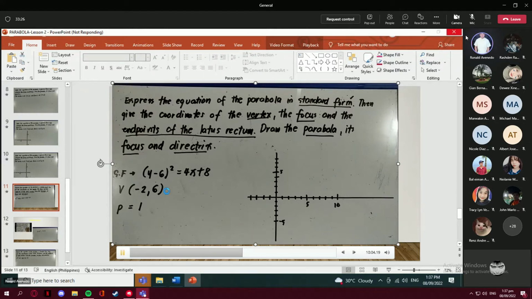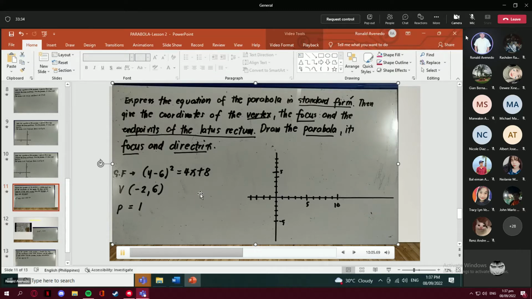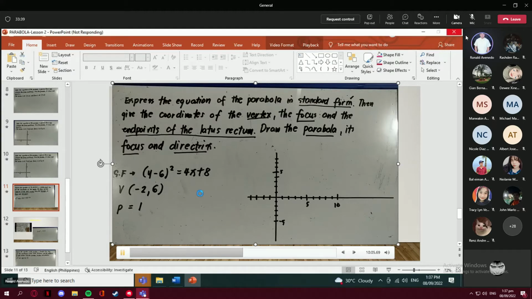Here, expect that through plotting points and by counting, we will be able to find the coordinates of the focus and points of the latus rectum. Then we can draw the parabola. And always remember, ito yung dapat tandaan natin, the value of P would be the distance from vertex to focus. Again, the value of P would be the distance from vertex to focus.